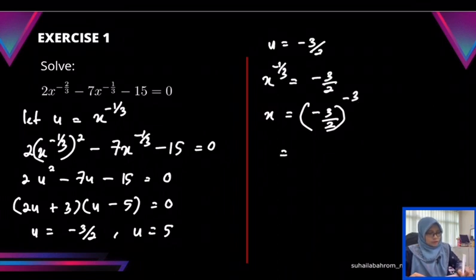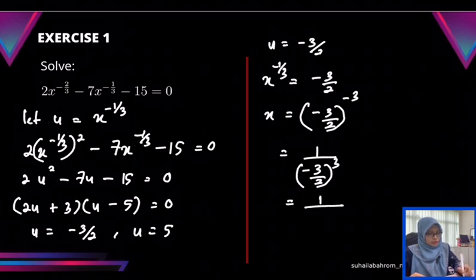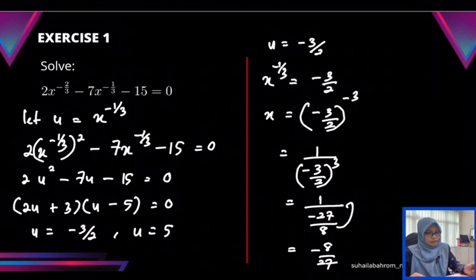So it's equivalent to 1 over negative 3 over 2 power of 3. So we can rewrite as 1 over negative 27 over 8. Therefore, we can move this one up. So the final answer here is negative 8 over 27.